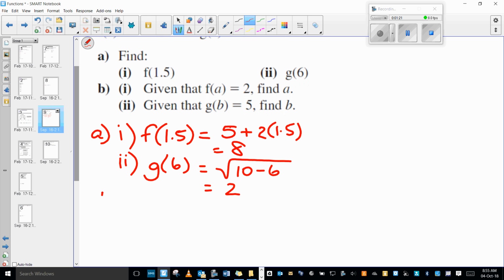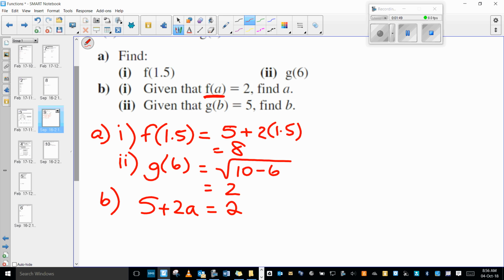All right. Now this question says, given that f(a) equals 2, find a. What do we do here? 5 plus 2a equals 2. Okay, let me just hold there. Is everyone happy with that? You see how this one is different? They told us that the function f, when a is substituted, is equal to 2.